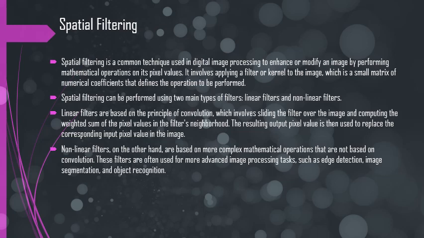Nonlinear filters, on the other hand, are based on more complex mathematical operations that are not based on convolution. These filters are often used for more advanced image processing tasks such as edge detection, image segmentation, and object recognition. This is also a method to improve or enhance the image. Let's move to the next method.